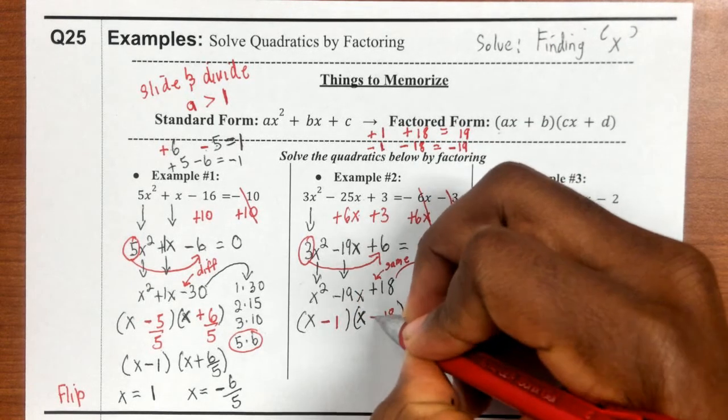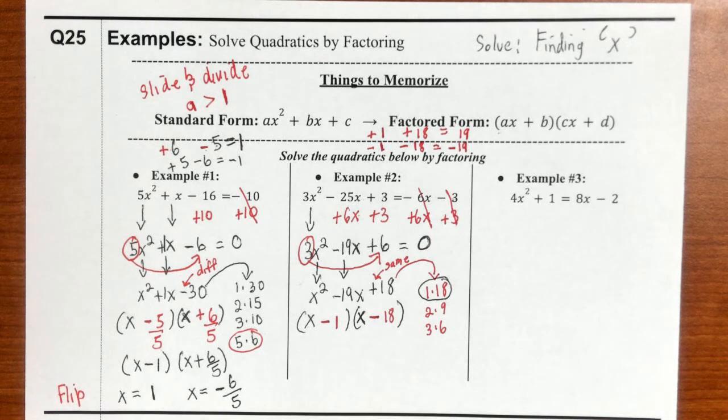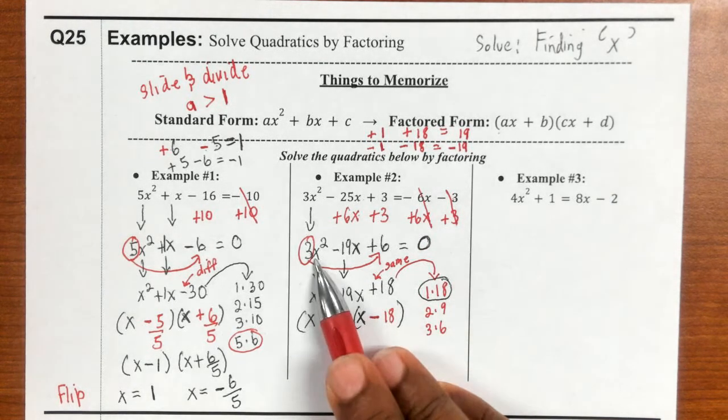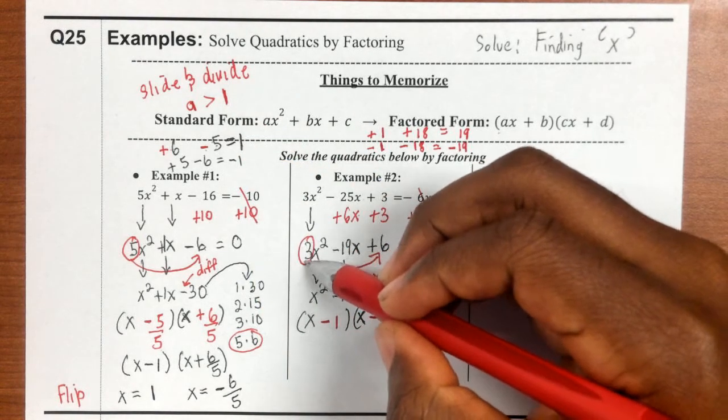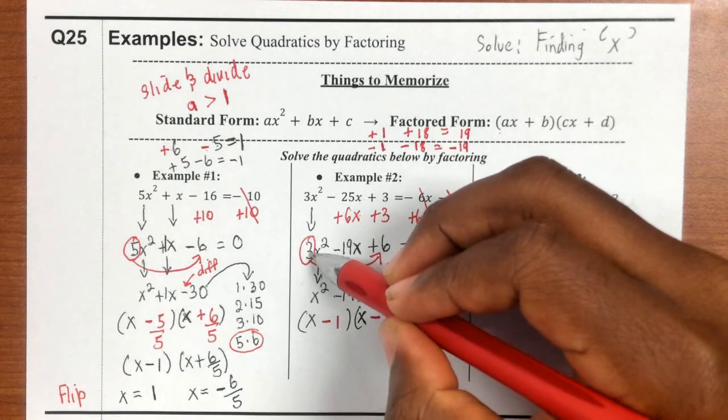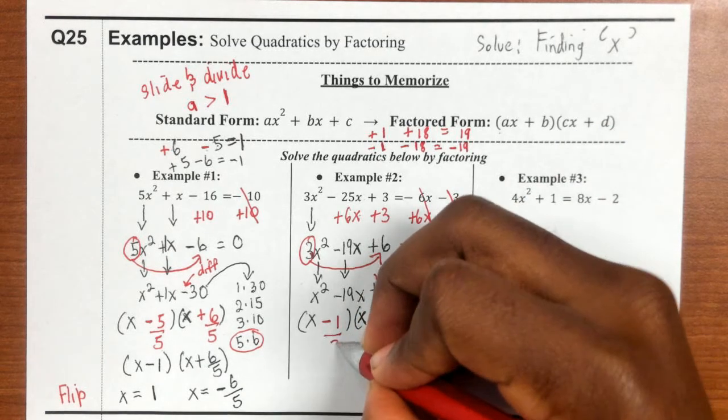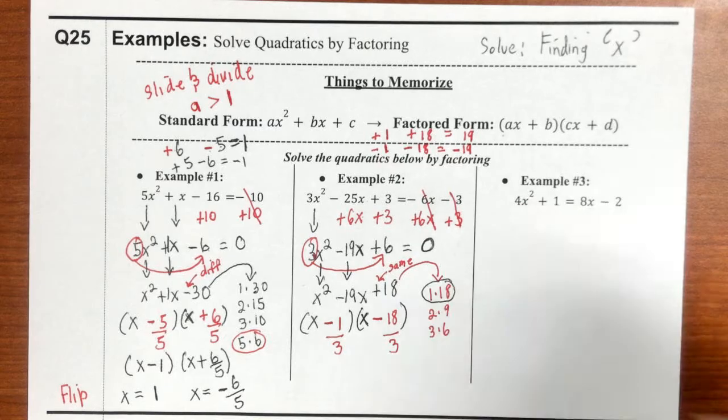So again, both of them should be negative numbers. Now that we've done the slide, you should not forget to now divide. We're going to divide by the same thing we circled, the same as my leading coefficient, which is that +3.